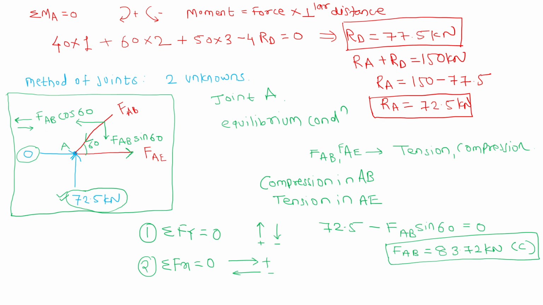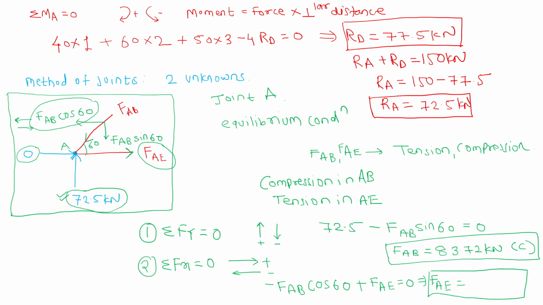So 0 kilonewton, we don't need to consider. Then FAB cos 60 towards left, hence minus FAB cos 60, and this is FAE towards the right, plus FAE is equal to 0. Therefore, FAE is equal to FAB.